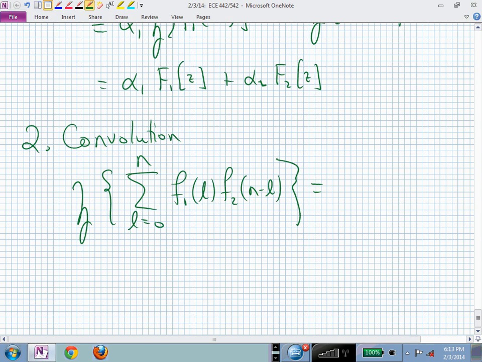F sub 2 might be the unit pulse response of that system. Now if I convolve those in this way, I would get the output response. But the Z-transform of that output response could be found by simply multiplying the transforms of those individual waveforms. Similar to what we've had in the time domain, or I'm sorry, this is the time domain, in the continuous time setting.